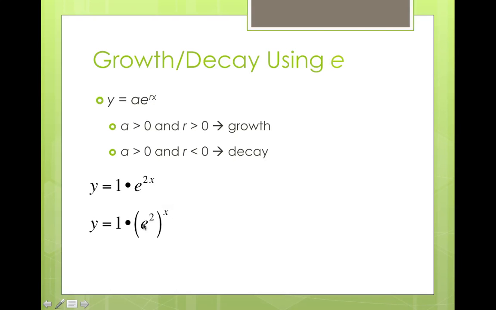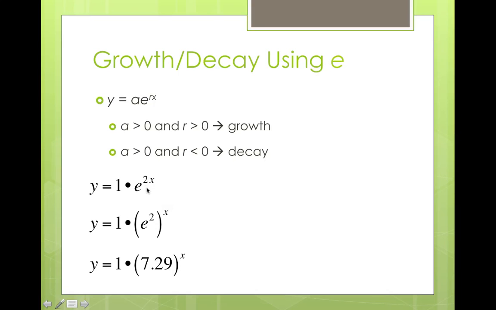So then I could actually evaluate what e squared is, and 2.7 squared is about 7.29. And so now we have a form that looks more like the exponential functions we're used to. Here's our a, here's our b, and here's our x in the exponent. And obviously b is greater than 1, so this would be growth, which is what we were saying because 2 was positive.